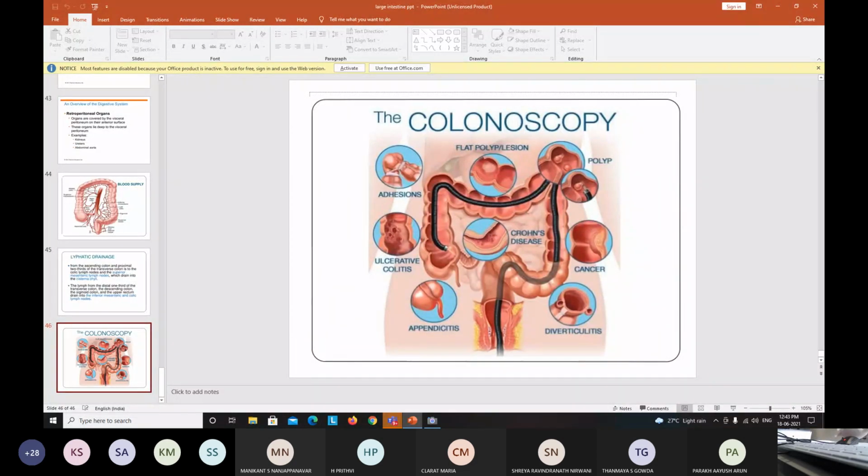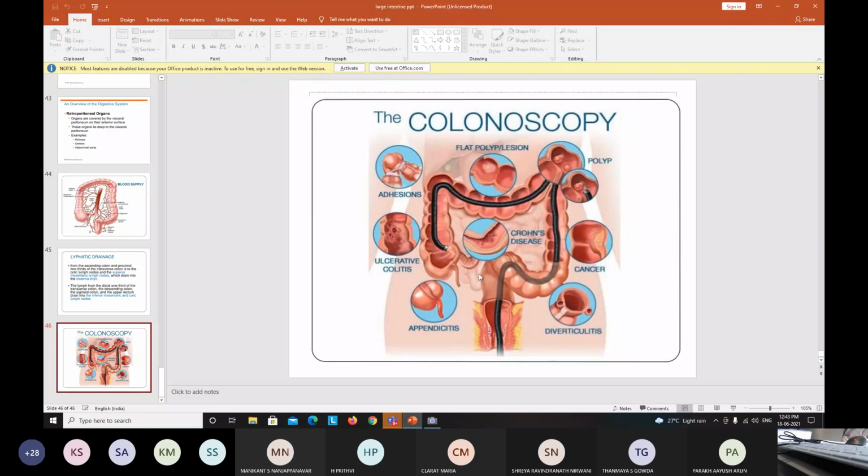Diverticulitis. Then last but not least, the important applied anatomy you should not forget is appendicitis. It is common. Surface marking of the appendix is very important. To locate the appendix, there is a particular point called McBurney's point, where the tenderness will be more.